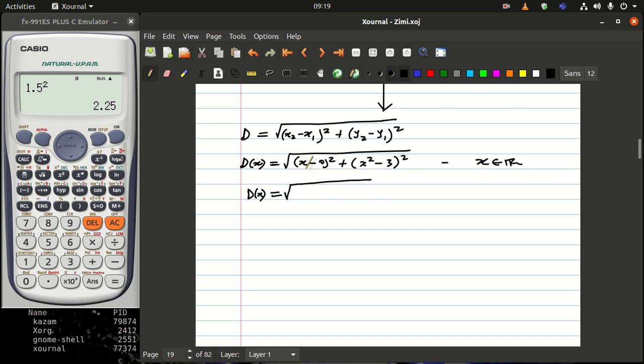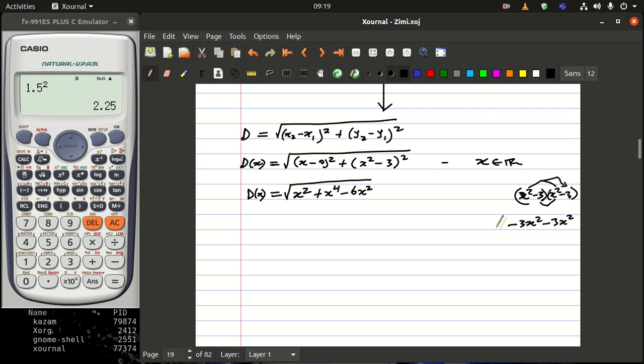And then of course here, x minus 0 is x, and then you square it up, so we'll end up having an x squared. And then inside here we'll have x squared minus 3, and also another x squared minus 3. x squared times x squared gives x to the power 4, and then x squared times minus 3 gives minus 3x squared, and then minus 3 times x squared gives another minus 3x squared, so I will have minus 6x squared.